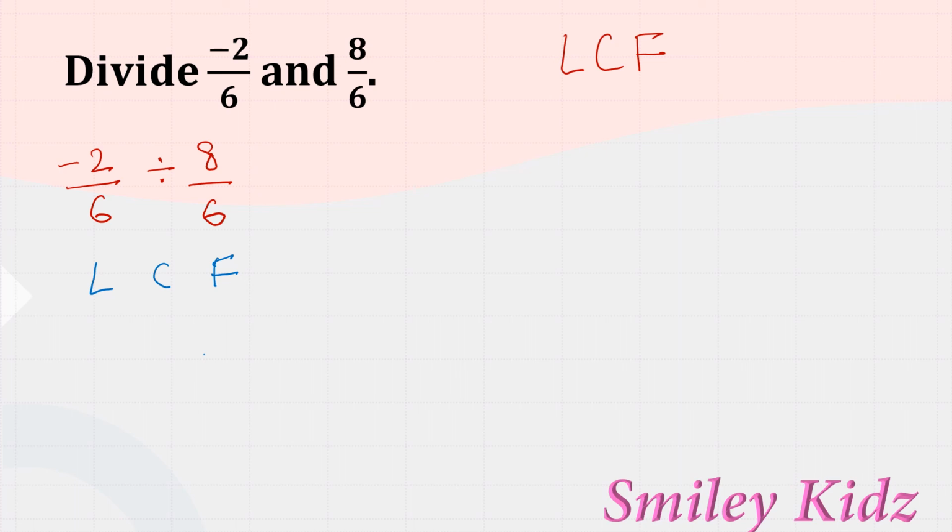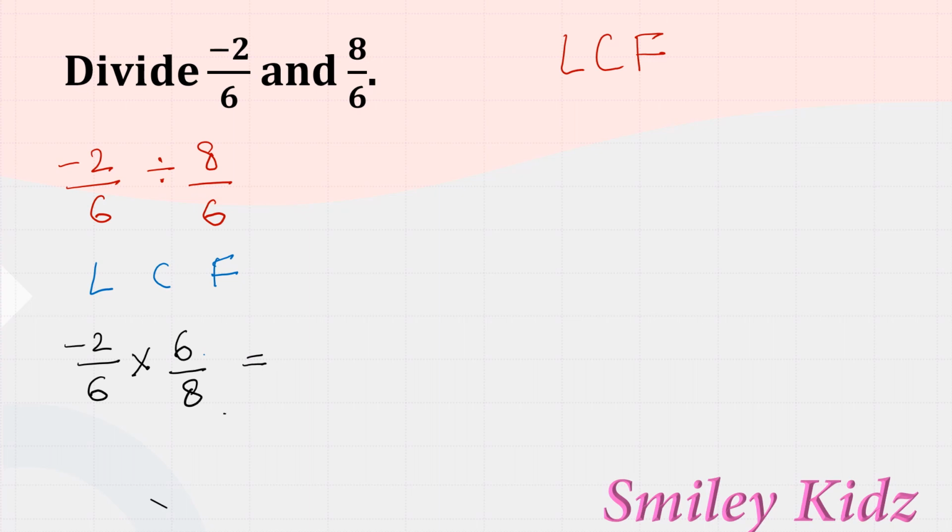So, L is for minus 2 by 6, leave it as it is. C is for division symbol, so change it into multiplication. Division symbol will be changed to multiplication symbol. And F is for 8 by 6. So, flip the number. It will be 6 by 8.